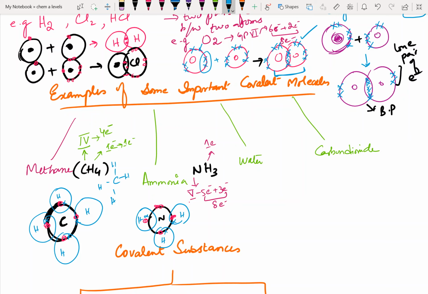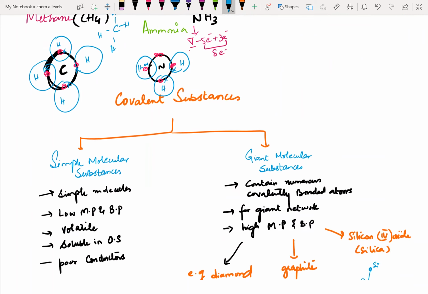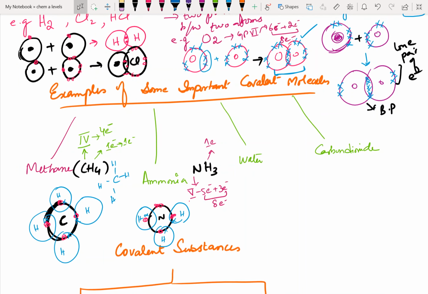Let's come to water. For water, we have the formula H2O. Hydrogen belongs to group 1, so it needs 1 electron to be shared, and oxygen belongs to group 6, needs 2 electrons.